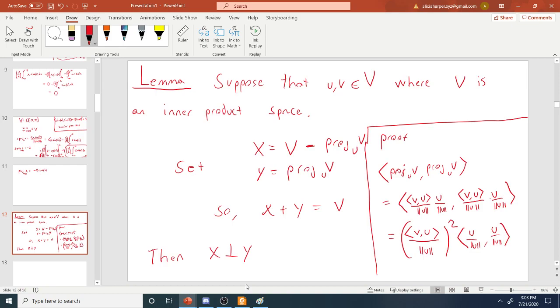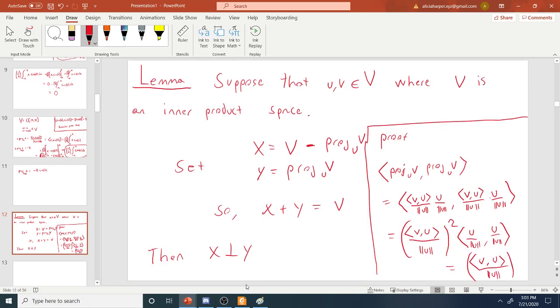And you can check right here that this term is simply 1, and so this is the same thing as the inner product of v with u divided by the norm of u, all squared.